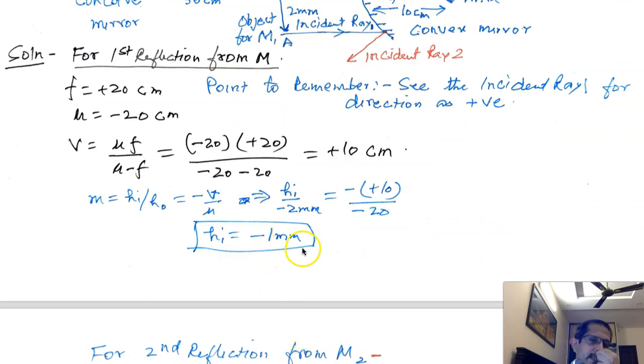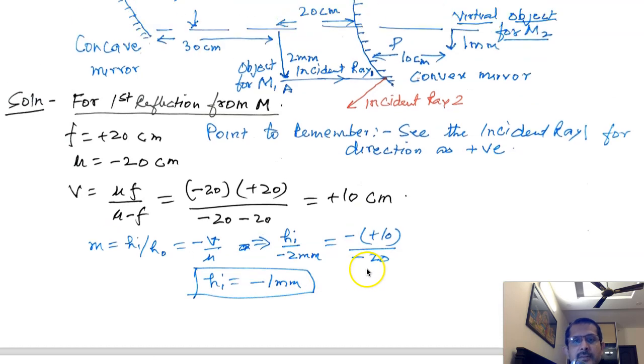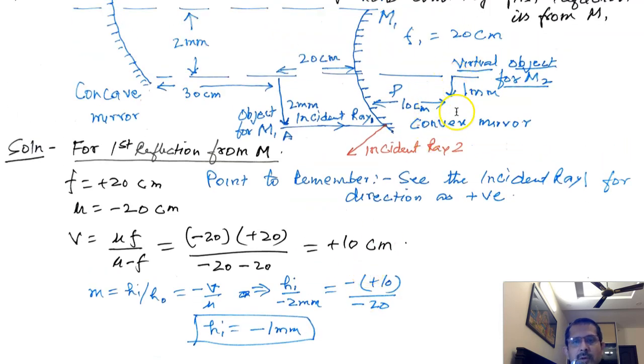As per the sign convention, if it is minus, it is below the principal axis, so it will be this. Right now we have just completed the first reflection. Now we will talk about the second reflection.